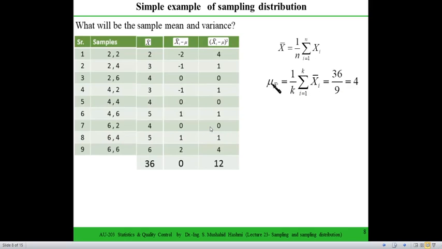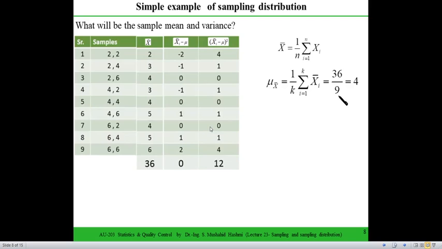Another way of writing the mean of the sample mean: mu represents the mean, and the subscript x bar represents that it is the sample mean. So here the mean of the sample means comes out to be the sum of the sample means. These x bars are sample means, and the sum comes out to be 36, divided by k, which is 9 here.